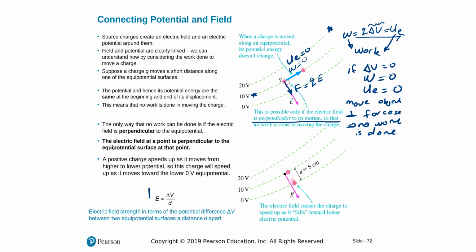One more piece of information from this page we want to get is that I can calculate electric field in between two potential lines by finding the potential difference and dividing it by the distance in between.